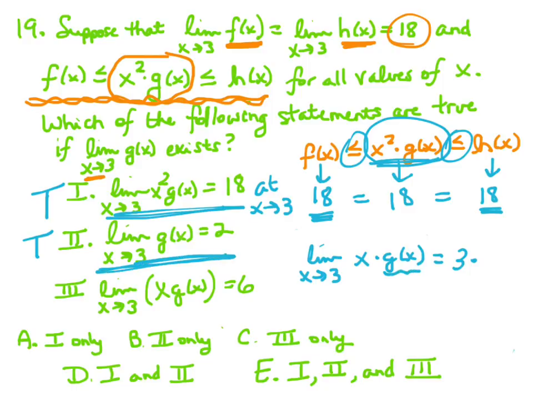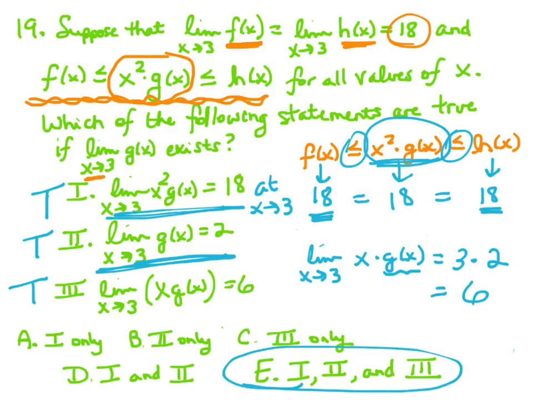So where g of x is, I could substitute in 2, and 3 times 2 is equal to 6. And so our final statement is also true, and therefore the correct answer is answer E.